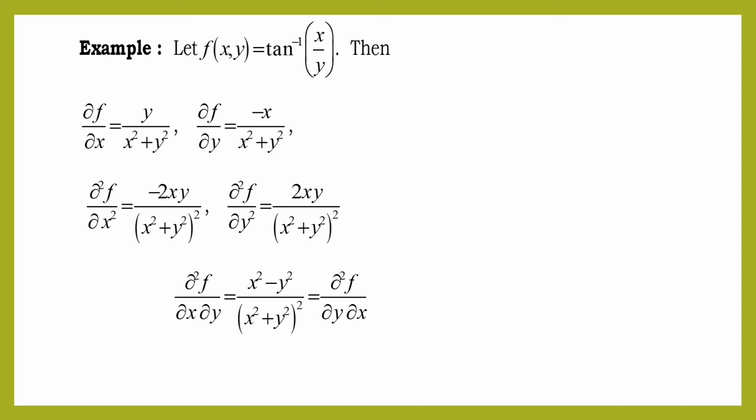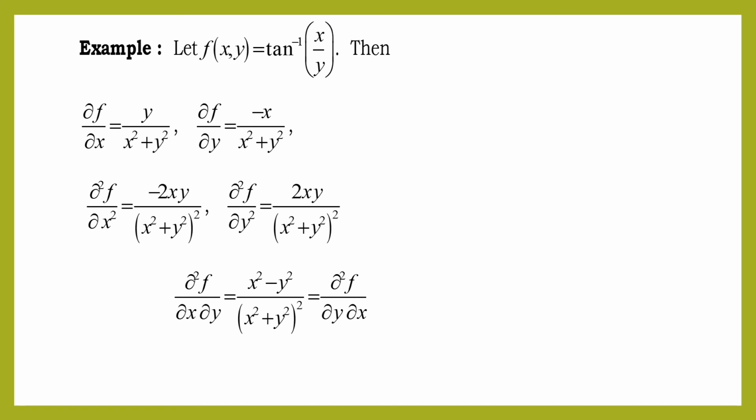Lastly, if I find dou square f by dou x dou y, or if I find dou square f by dou y dou x, we get the same answer x square minus y square upon x square plus y square whole square. For this function, these two partial derivatives are equal.